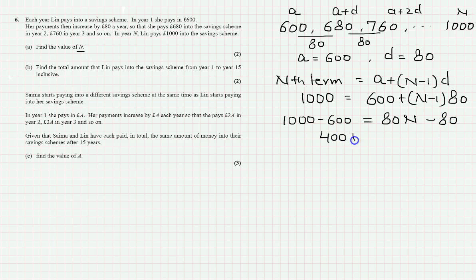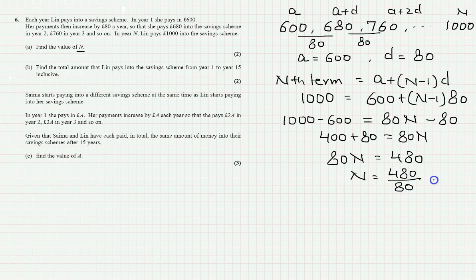So 400 plus 80 will be 80n. So 80n will be 480. n will be 480 divided by 80. So n is 6. So the sixth payment will be 1000. This is part A.